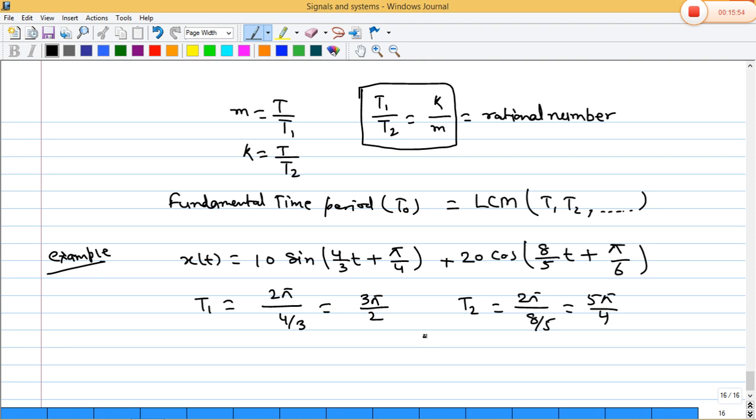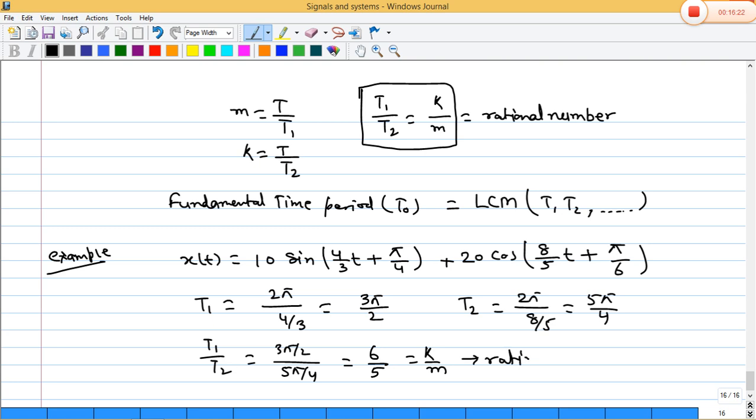Now we have to check the ratio of T1 and T2. So the ratio is 3 pi by 2 divided by 5 pi by 4, which is 6 by 5. This is nothing but k by m, which is a rational number.